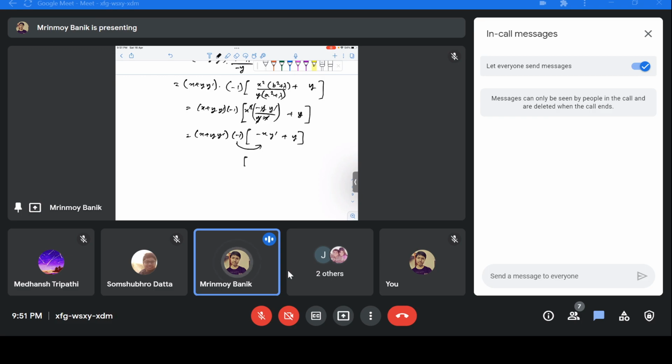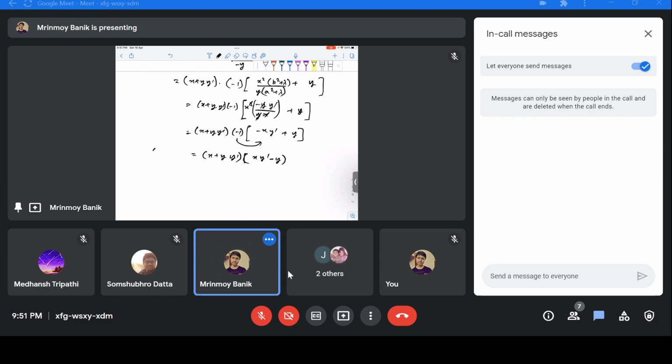So taking this minus 1 inside, we have y minus x y dashed minus y times x plus y dashed equals y dashed times a squared minus b squared. Cool. So that proves the differential equation.